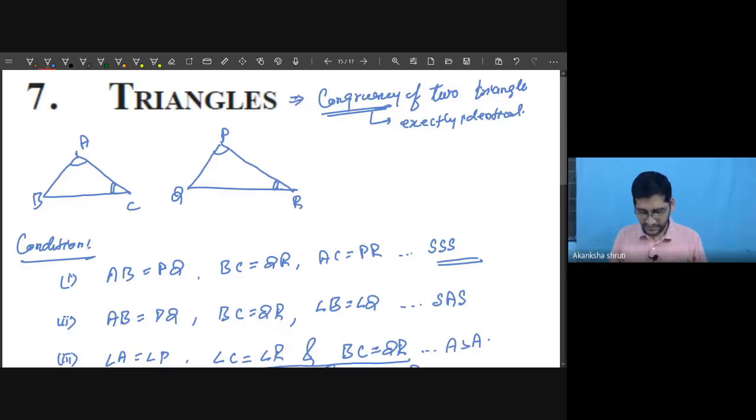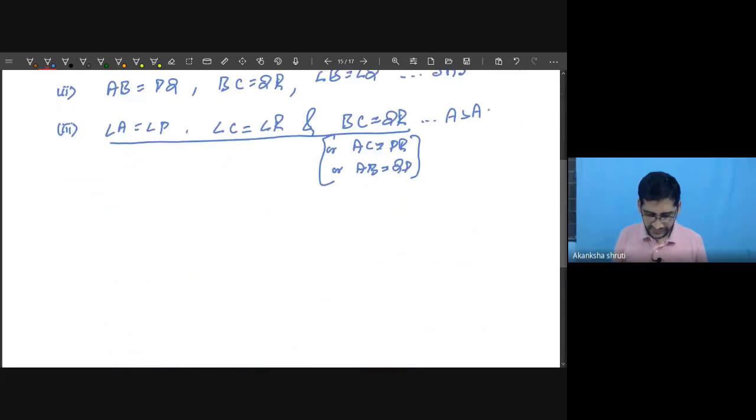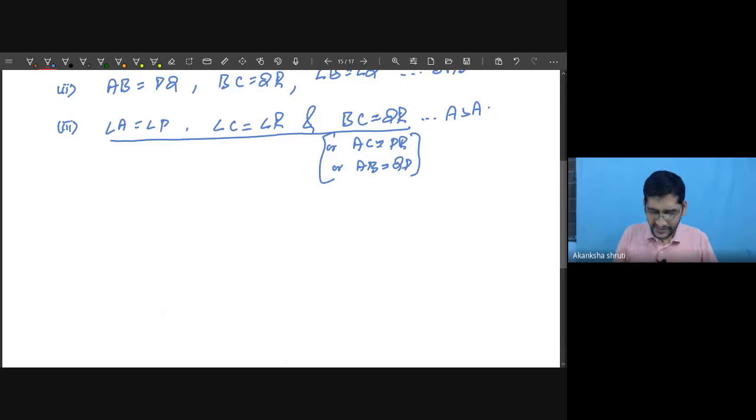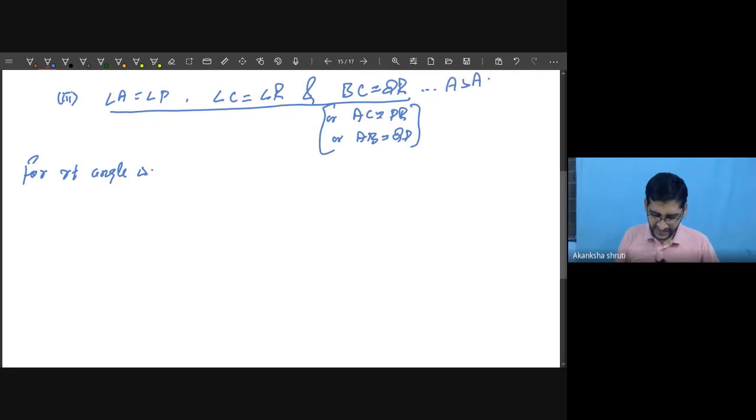But there are certain deductions if the triangle is a right angle triangle. For a right angle triangle, consider ABC in which angle B is given as 90 degrees.